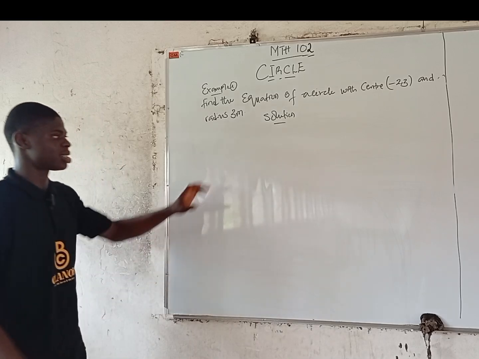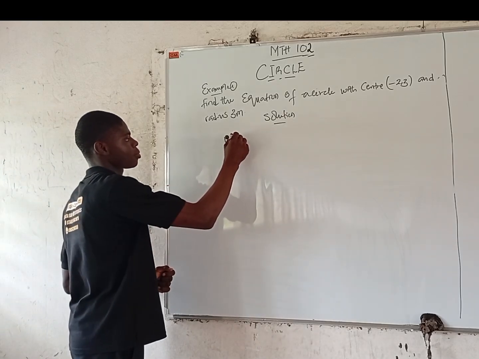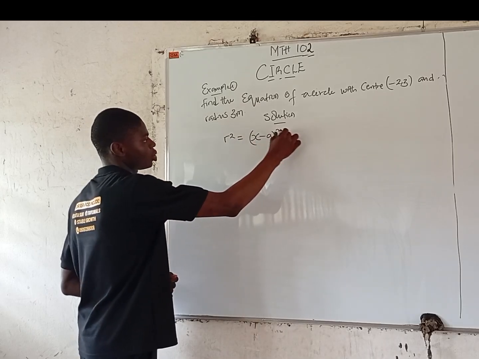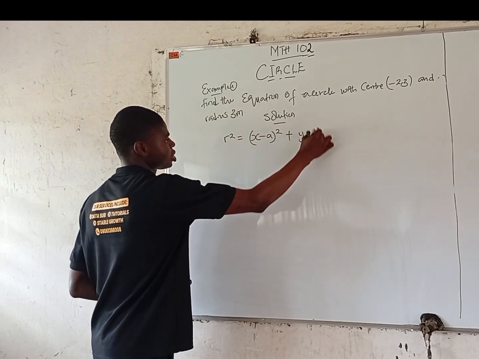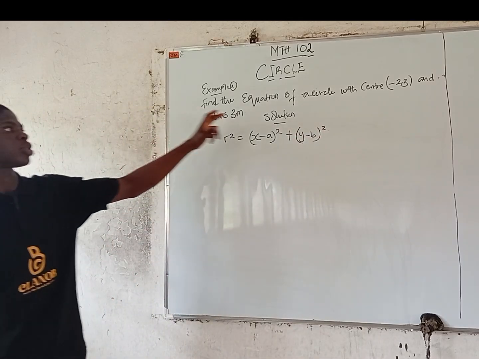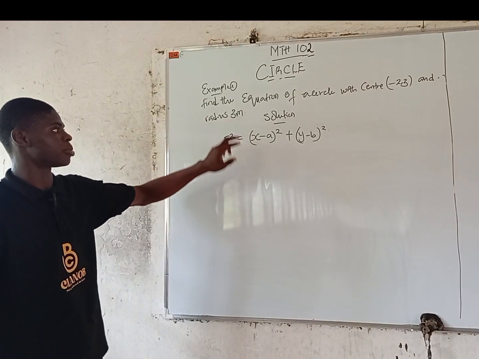Remember that this is the general form of a cycle, while the standard form, or what we call the canonical equation of a cycle, is given by this formula. So we have a question here to find the equation of a cycle with center minus 2, 3 and radius 3 meters.